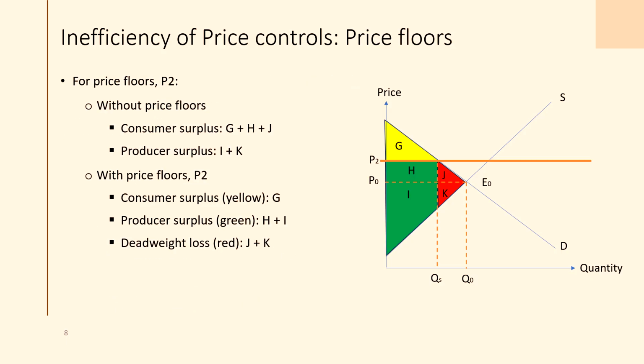Now let's talk about price floors. Without a price floor, total surplus includes areas G, H, J, I, and K. When a price floor is imposed at P2, consumer surplus decreases to Z, while producer surplus becomes H plus I. But the areas J and K are lost as deadweight loss.